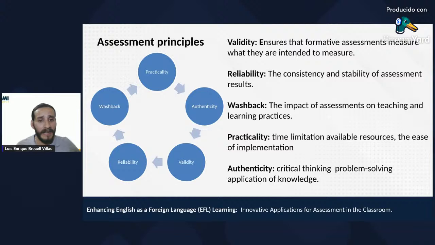Next one, practicality: time limitations and available resources. This is the implementation. The principle for assessment is that it should be practical. It should be easy for the students to understand. If students have a task or an assignment with a statement that is so hard to understand, even for teachers, then we haven't created the best assessment, the best evaluation.